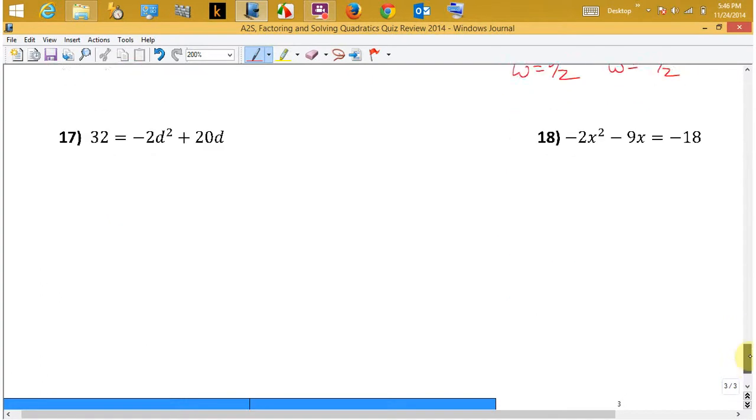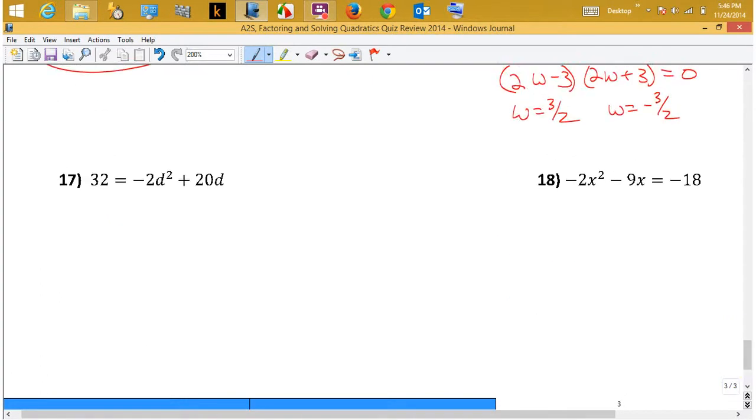Last two. Okay, for this one, I am going to subtract 32 from both sides, so I will have 0 is equal to a negative 2d squared plus 20d minus 32. Now I don't like to have this negative in front, so I'm going to go ahead and factor a negative 2 out.